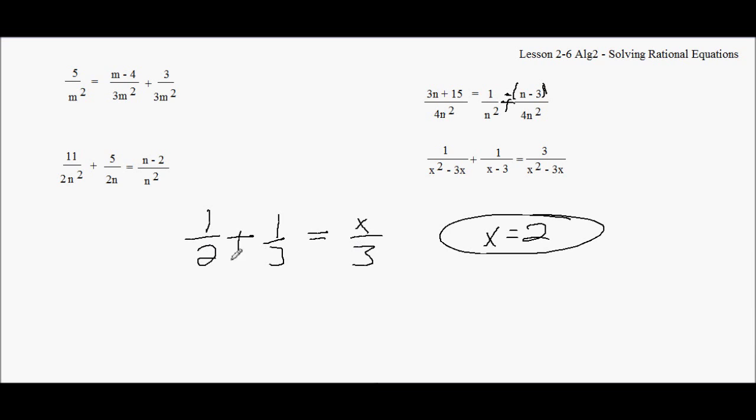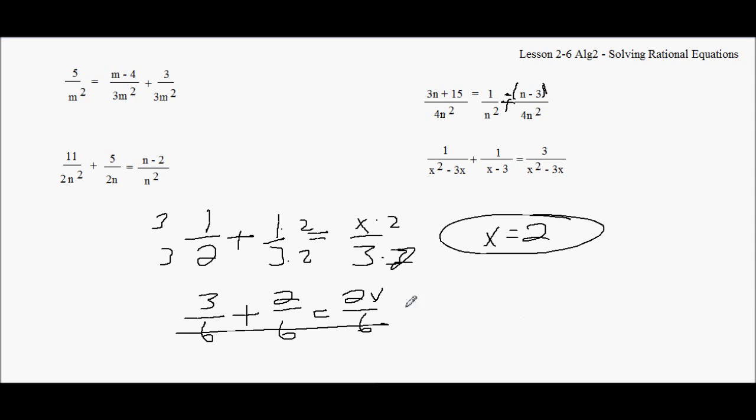Well, if I made a common denominator of 6, multiply this by 3, this by 3, I get 3 over 6 plus, multiply this by 2, this by 2, I get 2 over 6, multiply this by 2, and this by 2, I get 2x over 6. Wow, I get that. I get 5 equals 2x. Well, this is going to be a fraction, but you get x equals 5/2.